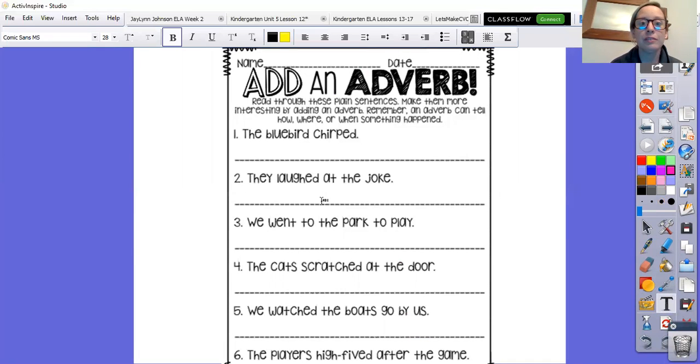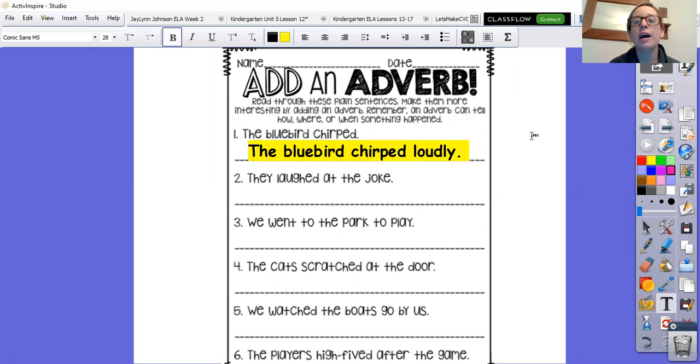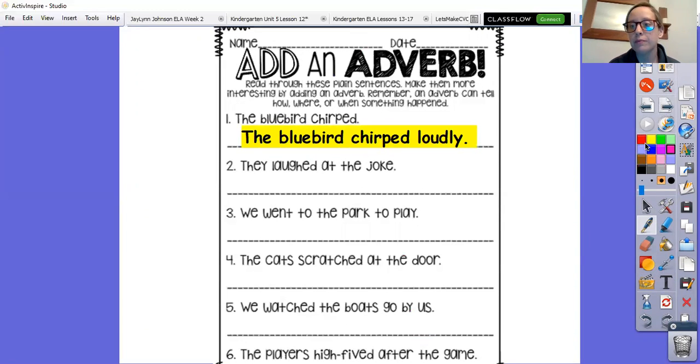I've got one. The bluebird chirped loudly. Okay, so it's describing how the bluebird chirped, right? What the bluebird is doing is chirping. And how is it chirping? Loudly. Okay, so there's my adverb, loudly.